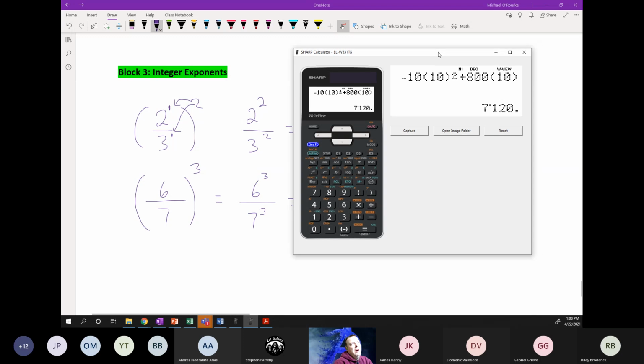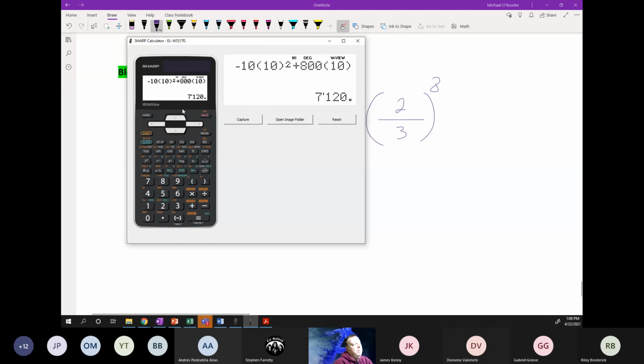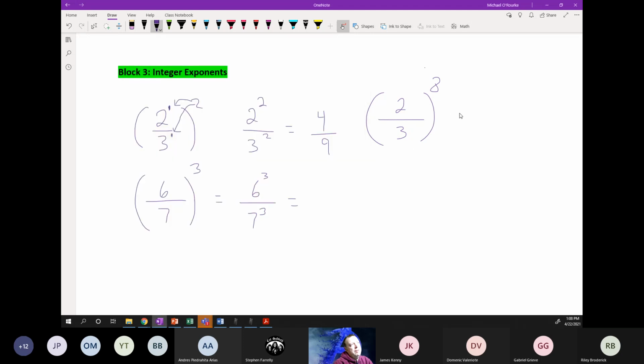Now, some of you are like, how do I do to the power? If you have your calculator here, and I'll look up the website for this today, you go 2, and then there's a button which is like a Y with an X above it, or something like that. And then you can type in your exponent, whatever you want it to be. So that's how you do those big exponents above 2.